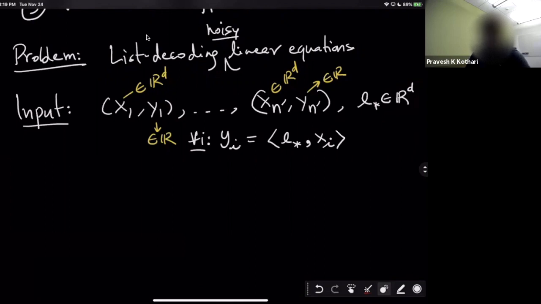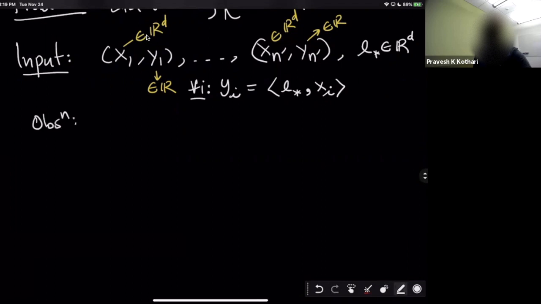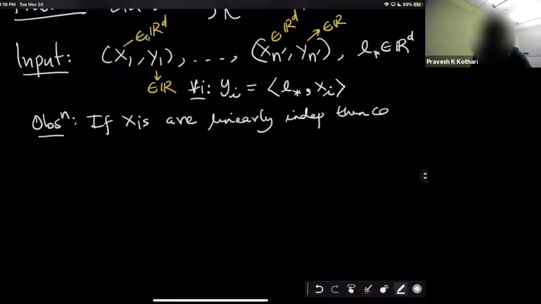And notice that that's not possible unless, for example, the xi's define a linearly independent set of equations. So anyway, the summary of this trivial question is the observation that if the xi's are linearly independent, then we can find L star by Gaussian elimination.